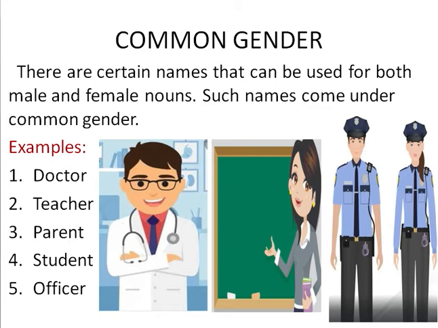You are asking me, ma'am, where are you going? I will say, I'm going to visit a friend of mine. So I will talk about a friend now. You don't know whether the friend is male or female. So in this case, it will fall under the category of common gender, because you cannot tell whether it is female or male.